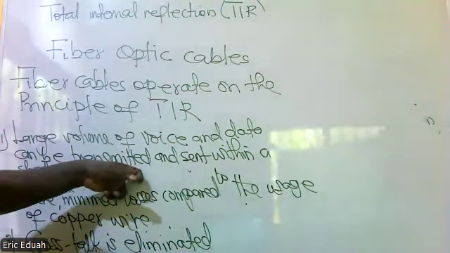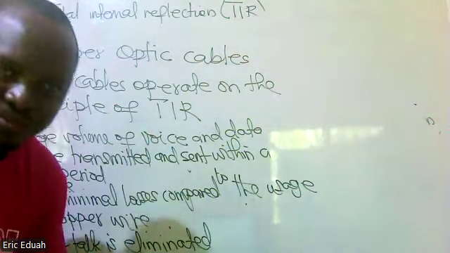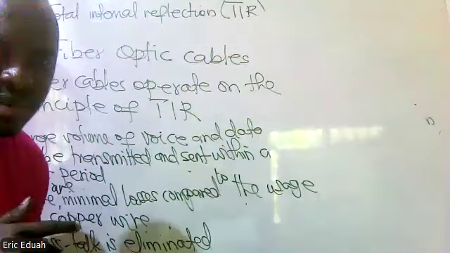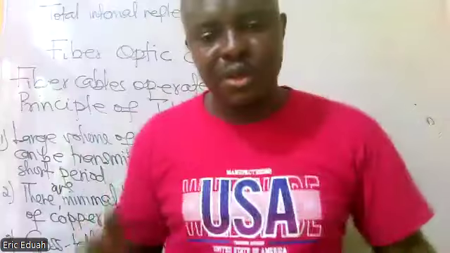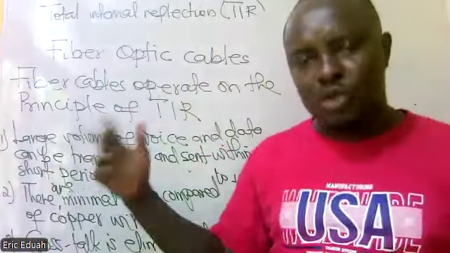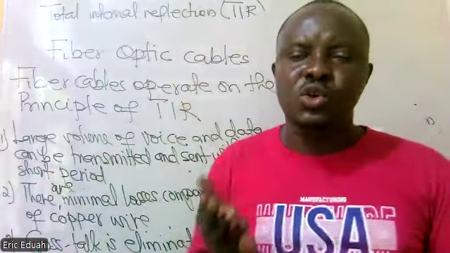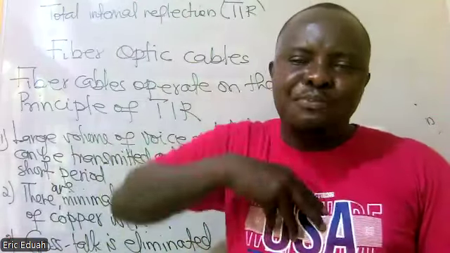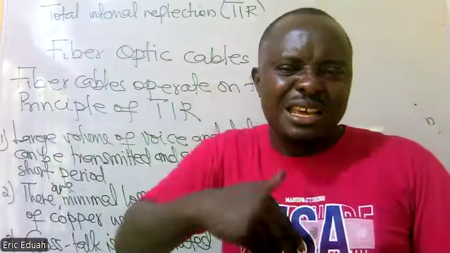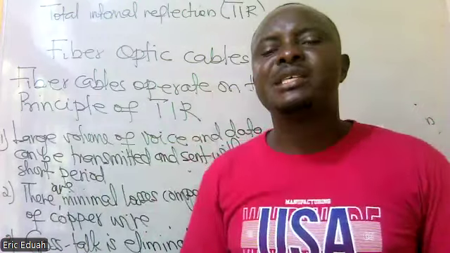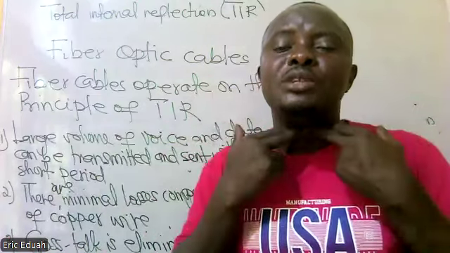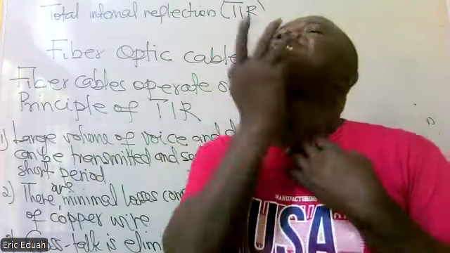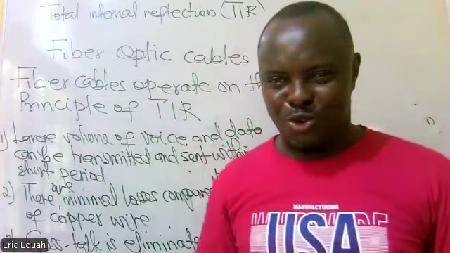Okay, then total internal reflection is also used in the health sector, the medical field. How is that used? The principle of total internal reflection is used to assess human body parts that are not easily accessible. For example, if you have a problem in your throat, you don't expect doctors to cut your throat open first.